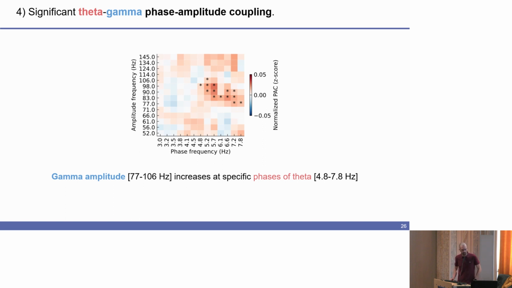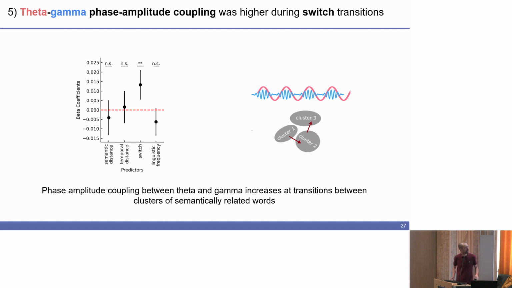Then we again used mixed models to see whether any of our behavioral variables was predicting the phase amplitude coupling, and indeed, in this case, what we found was that phase amplitude coupling increases for switch transitions. So this means that the coupling between theta and gamma increases when participants change between semantically related clusters, between clusters of semantically related words.